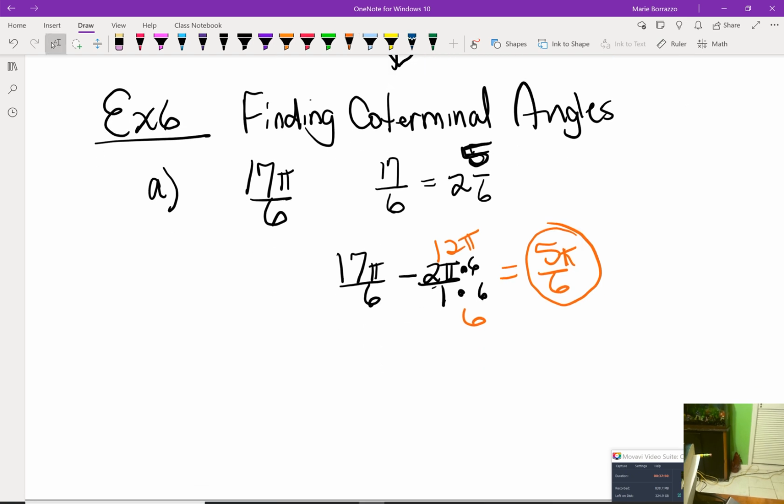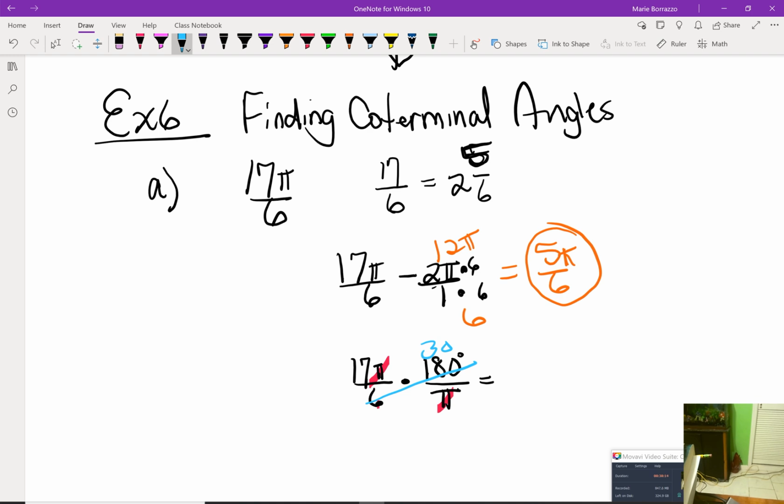Now let's just stop for a moment for the sake of exploring, and let's convert this to degrees so we know what we're talking about in terms of angles. So this will cancel. 6 goes into 180, obviously 30 times.